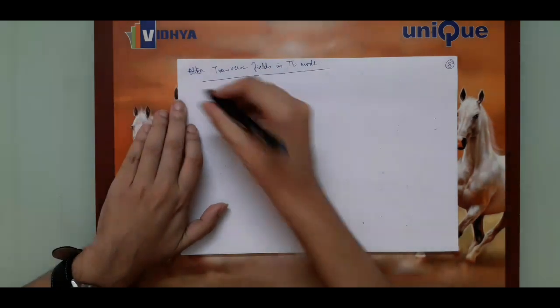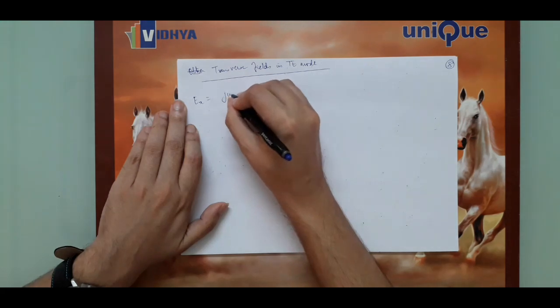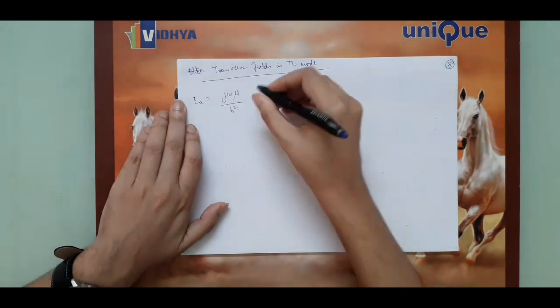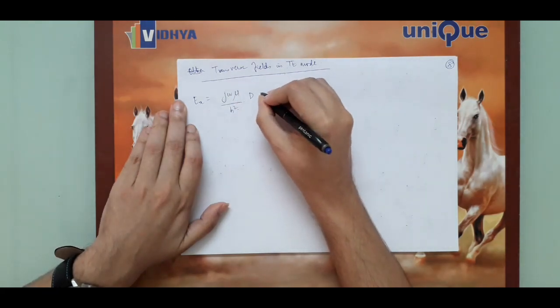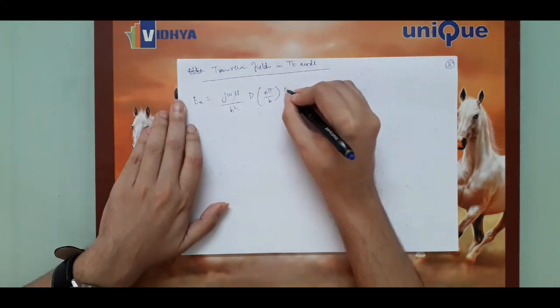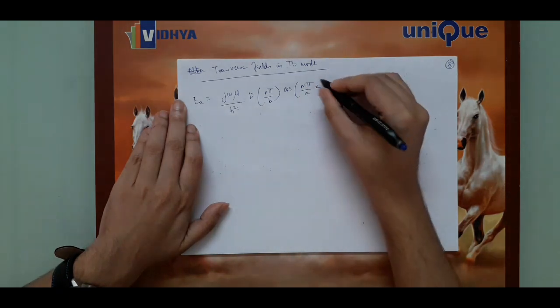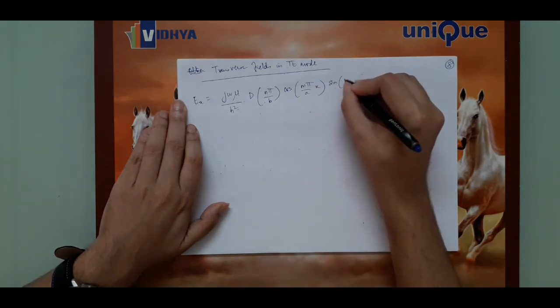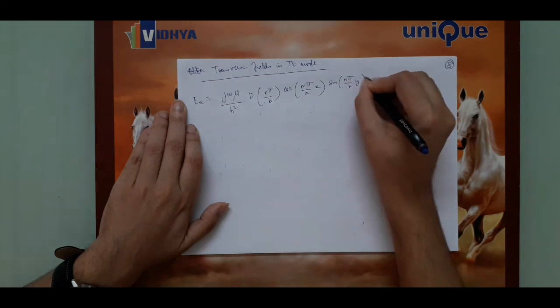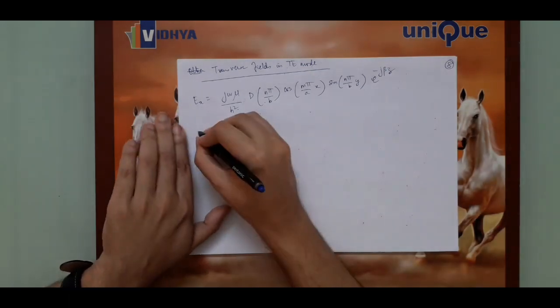Ex will be j omega mu by h square D n pi by b cos m pi by a x sin n pi by b y e raised to minus j beta z.